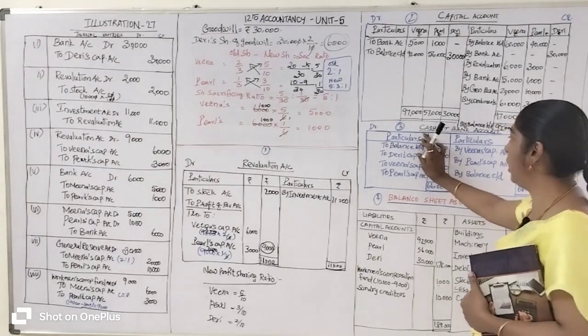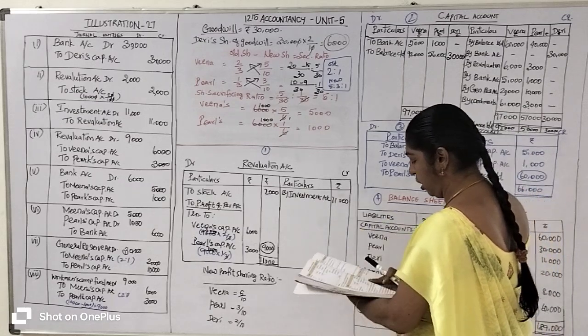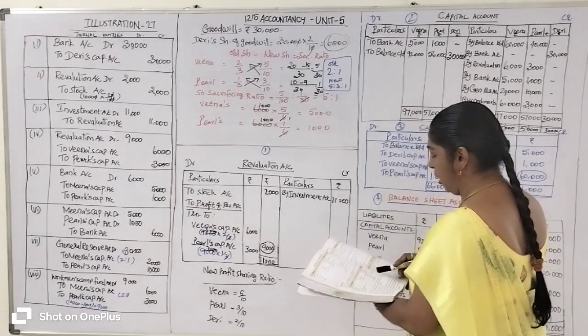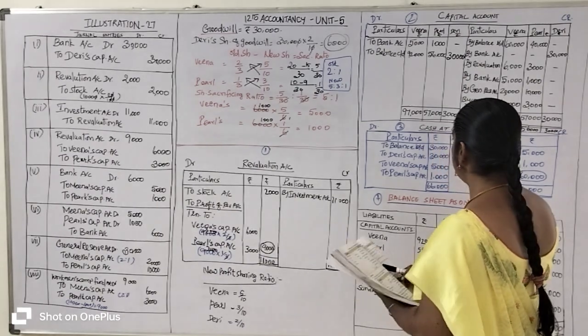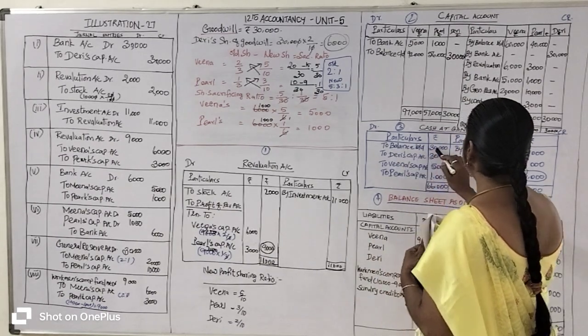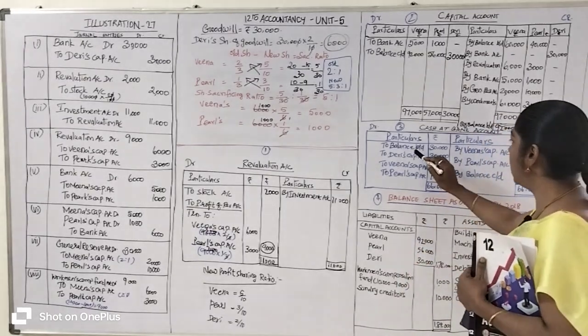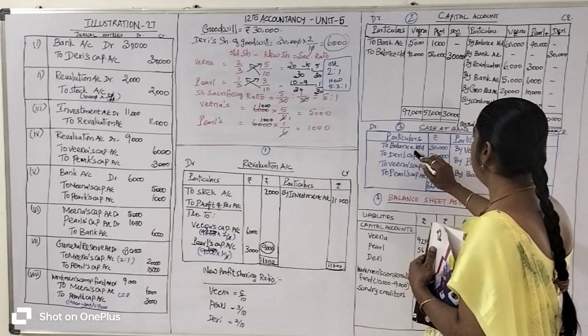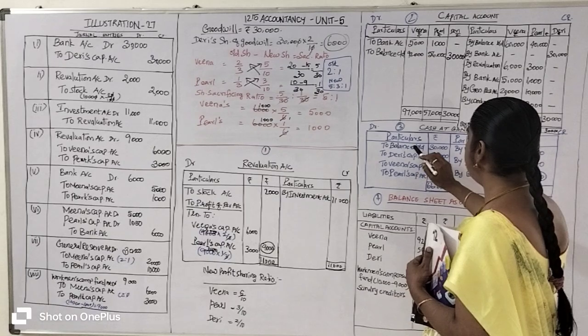This is the format. The opening balance of cash at bank is given in the question: cash at bank 30,000 rupees given on the asset side of the question. So to balance brought down, 30,000 rupees entered from the question. It always appears on the debit side.